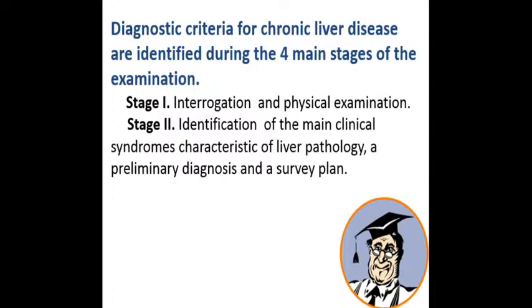Diagnostic criteria for clinical liver diseases are identified during four main stages of the examination. First stage, interrogation and physical examination. Second stage, identification of the main clinical syndrome characteristic of liver pathology, and preliminary diagnosis and survey plan.